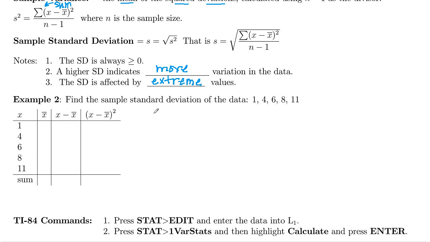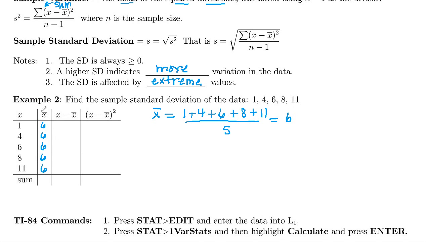So first, let's find our mean. Our x bar is going to be 1 plus 4 plus 6 plus 8 plus 11, and we'll divide by 5, which is 30 divided by 5, or 6. So 6 is our x bar, so that goes in our second column there.